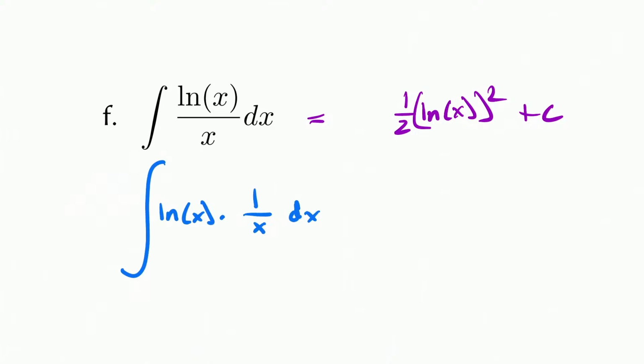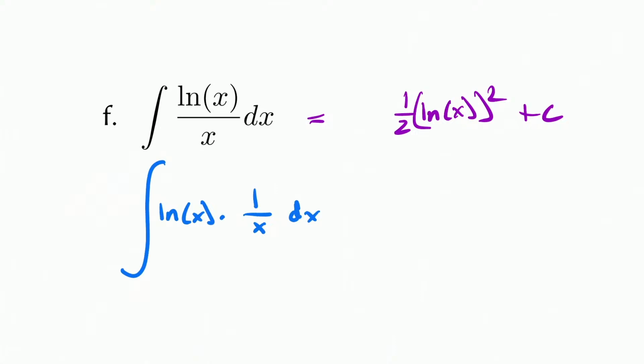I've never tried this. Whenever I do this, I don't use integration by parts, but you might be able to use integration by parts here. I don't know. So if you did and it worked, good job.